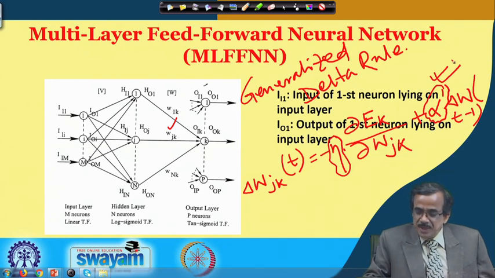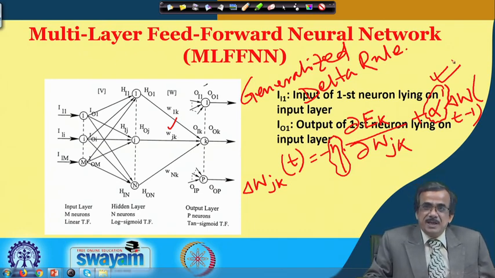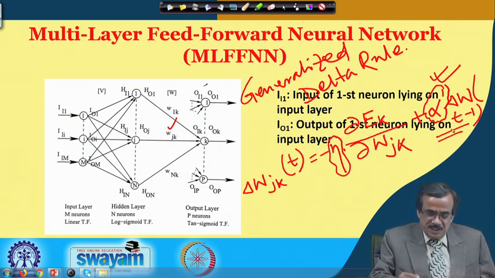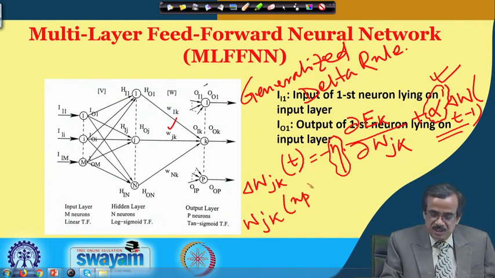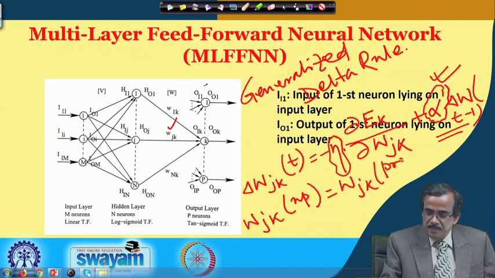Now, there is one mathematical reason why you put this momentum term. Supposing that the way we update this network is W j k updated equals W j k, the previous value, plus delta W j k.